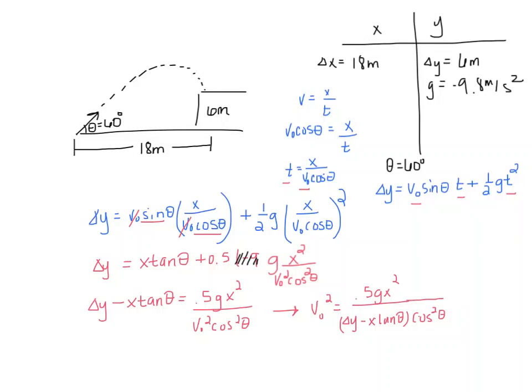Okay. And then the last piece, we need to get the square root of this entire mess. Remember to put gravity in as negative 9.8, and you should get a value of 15.9 meters per second.